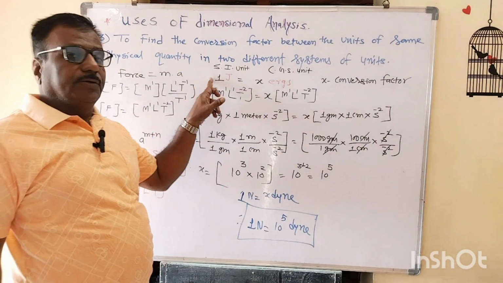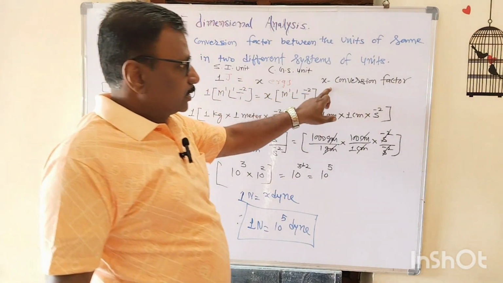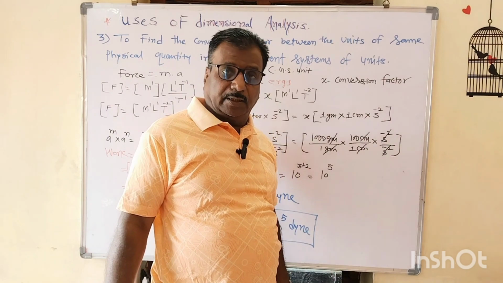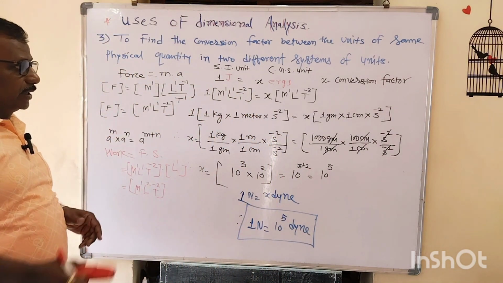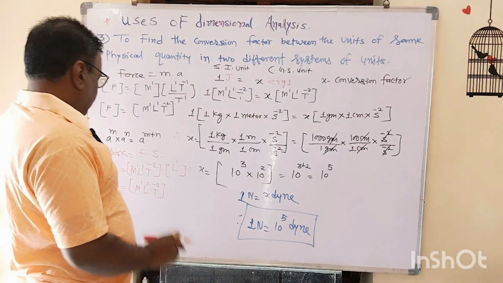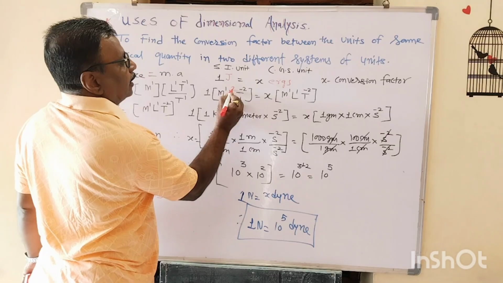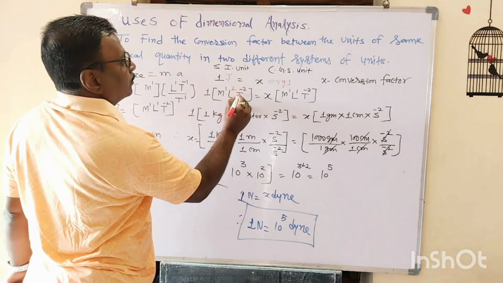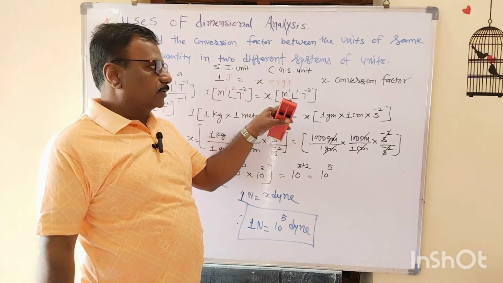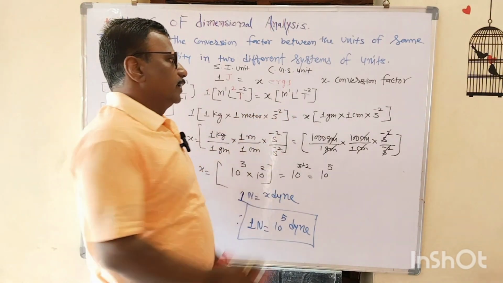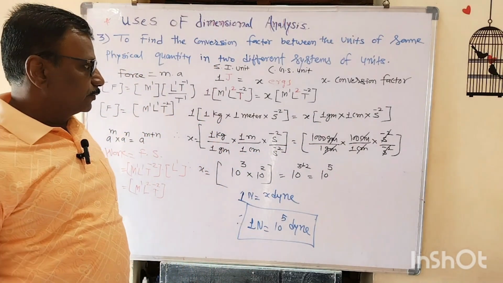So we write here 1 joule is equal to X ergs, where X is a conversion factor. Now substitute the dimension of work here. We write M1 L2 T to the power minus 2 is equal to X, and substitute the dimension of work again, M1 L2 T to the power minus 2.